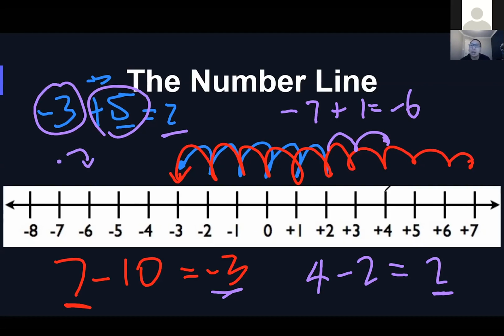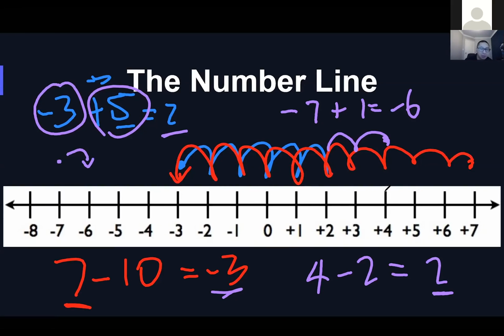So looking at the other ones, 7 take 10, the negative 10 in terms of magnitude is going to be much more negative, or much smaller than the 7. The 10 is in some sense bigger than the 7. So when I do that subtraction, the answer is going to be negative.